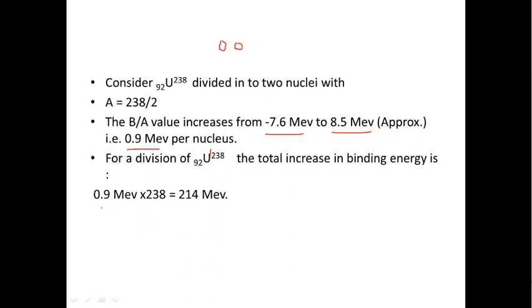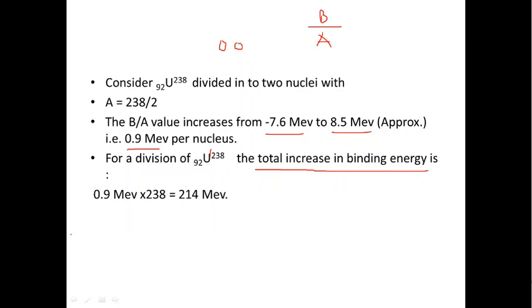So if you're talking about the total binding energy, B by A is the binding energy per nucleon. If you're talking about uranium 238, you're talking about the total increase in binding energy.